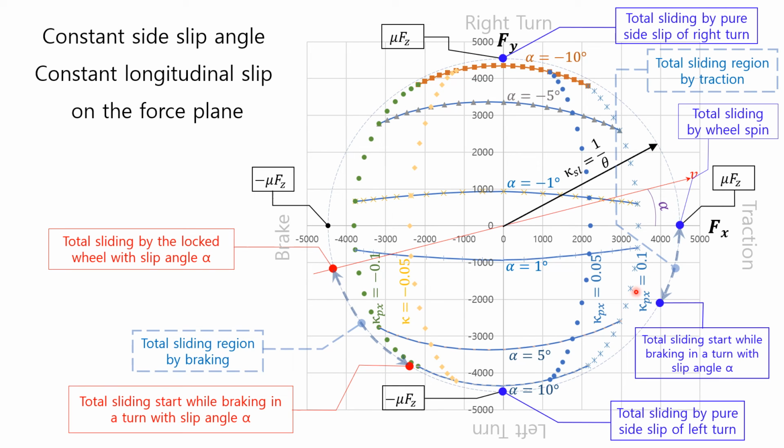And all the characteristics appear in the same way: the starting point of sliding, the starting point of total sliding by traction in a turn, the starting point of total sliding by braking in a turn, wheel spin, wheel locking, the total sliding region during traction in a turn, and the total sliding region by braking in a turn.